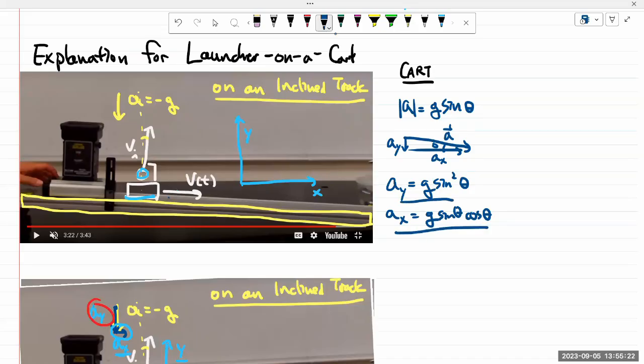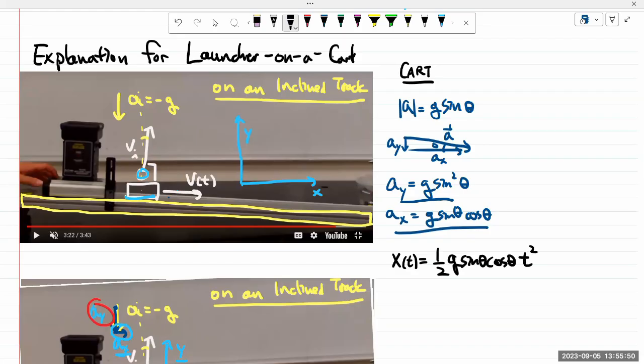So this describes how the cart will be moving. And because these are both constant accelerations, I can skip to describing the position of the cart. Its x position will be 1/2 times the x acceleration, g sine theta cosine theta, t squared.